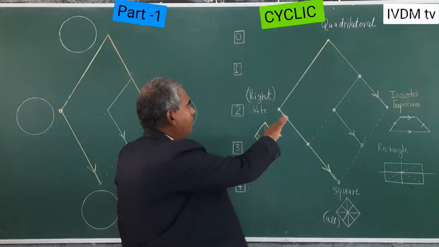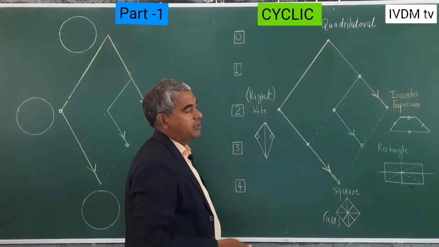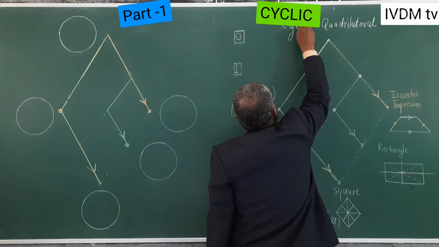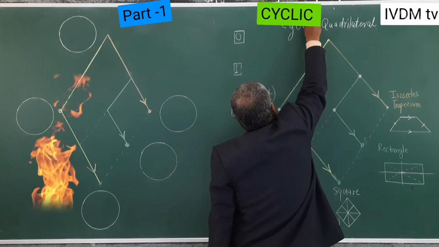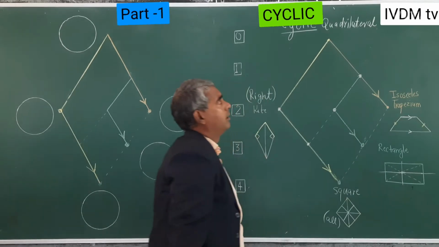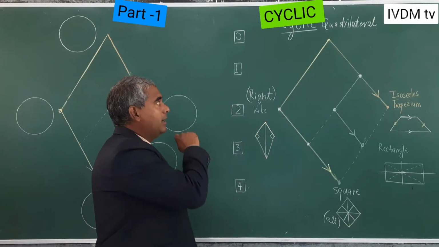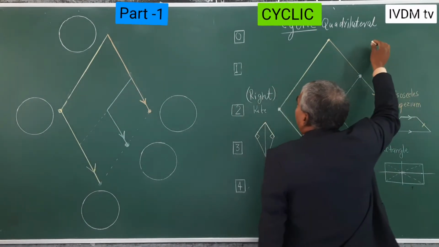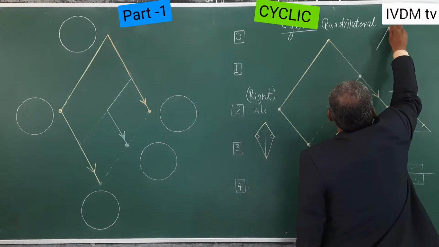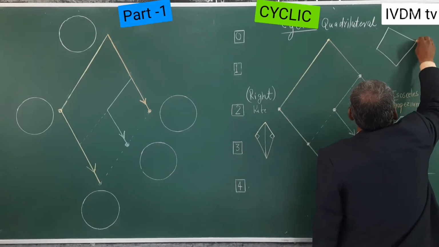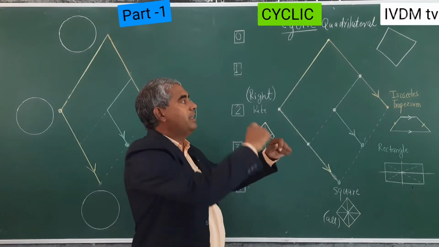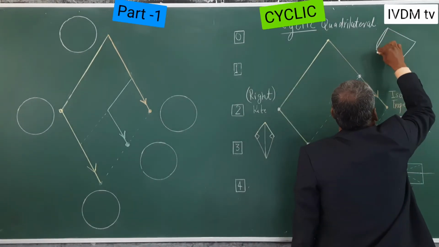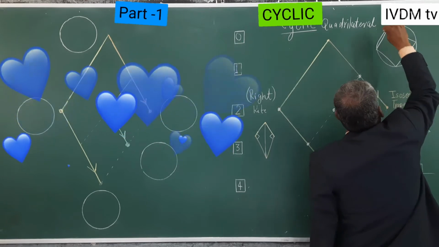But here I have not written all the quadrilaterals. Why? Because I am teaching here only the cyclic quadrilateral. So what does it mean when a quadrilateral is cyclic? A quadrilateral is there, and it is drawn inside a circle, like a wheel.